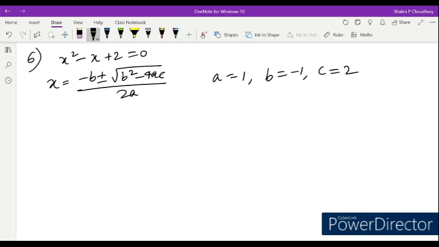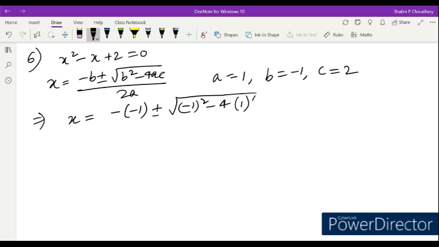Okay, so putting the value of a, b, c in x, what we'll get, minus b, तो minus of minus 1 plus minus square root of b square, minus 1 का whole square minus 4 into a into c, divided by 2 into a.